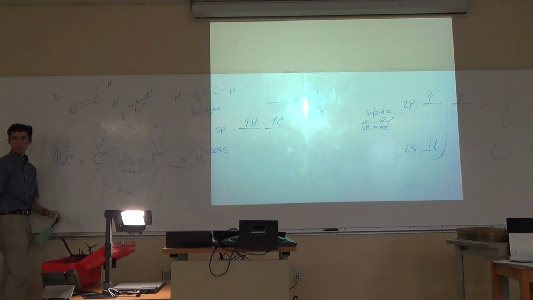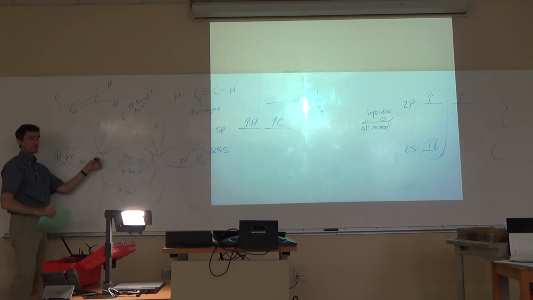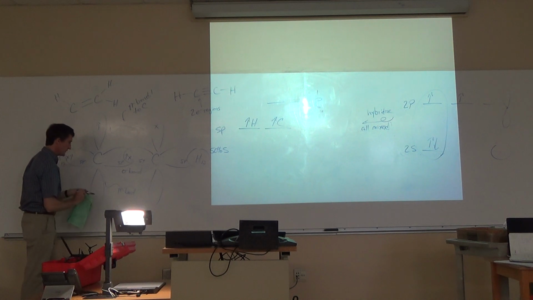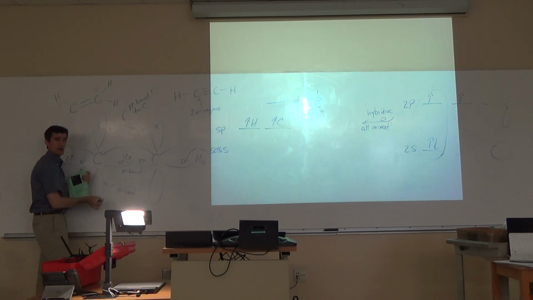What else is on this carbon? Another p orbital. The other p orbital is perpendicular to that one, coming out like this. And the same with that one. And you have these two p orbitals interacting this way. Another pi bond.